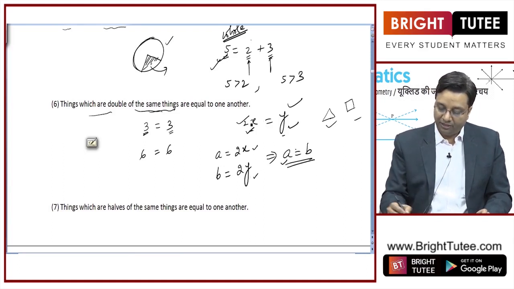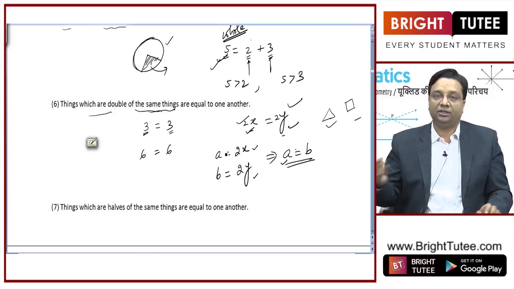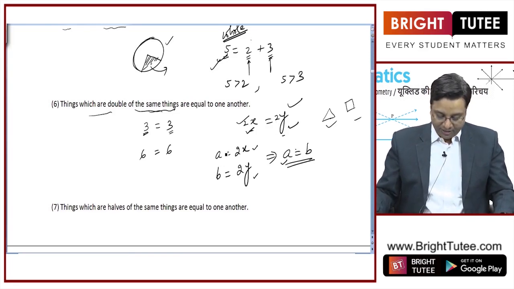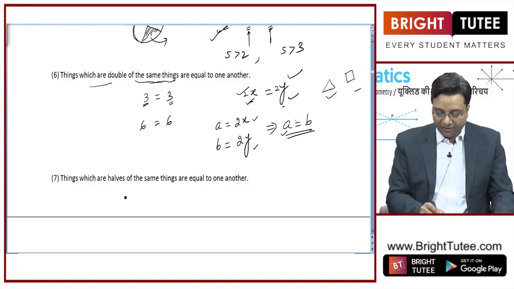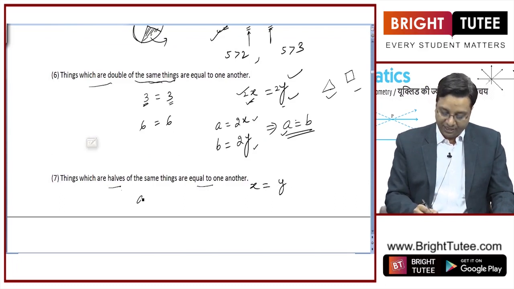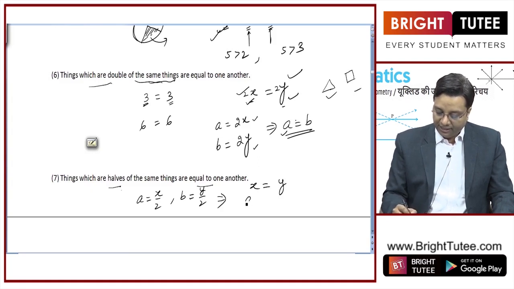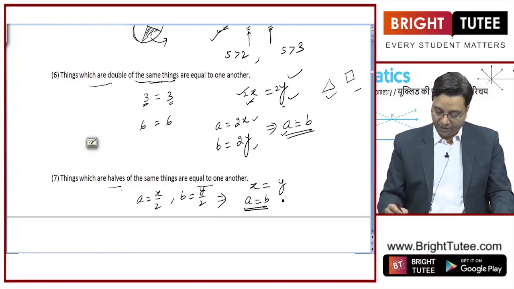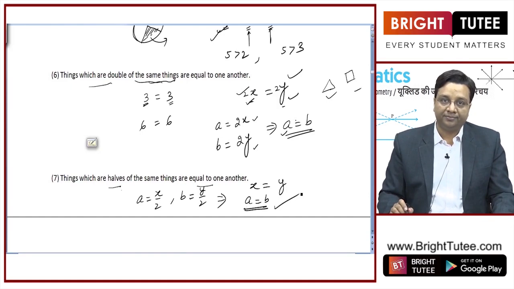So, you can multiply both sides and see that 2x is equal to 2y. Similarly, we can say things which are halves of same things are equal to one another. Let us take the same example. If x is equal to y and there is a which is half of x and b which is half of y, then we can say a is equal to b, because these are halves of equals. So, a is equal to b.